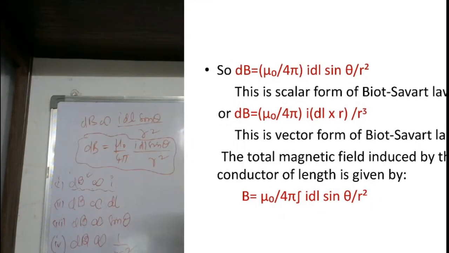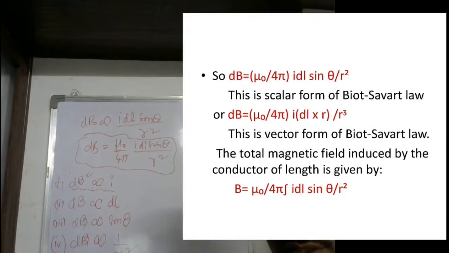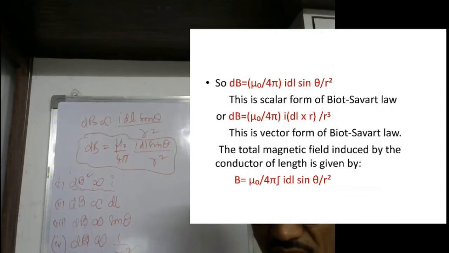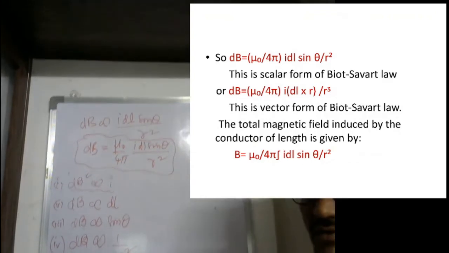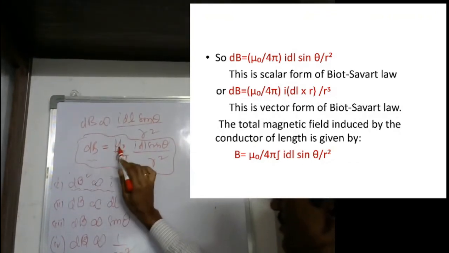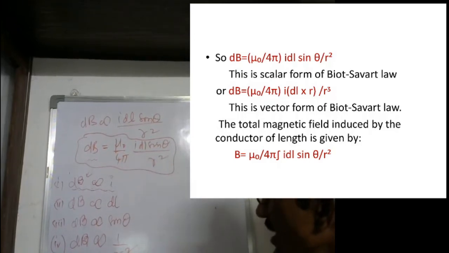Okay, this is nothing but the Biot-Savart law. You can see here, this is nothing but Biot-Savart law. dB is equal to mu naught by 4 pi, I dl sine theta by r square.